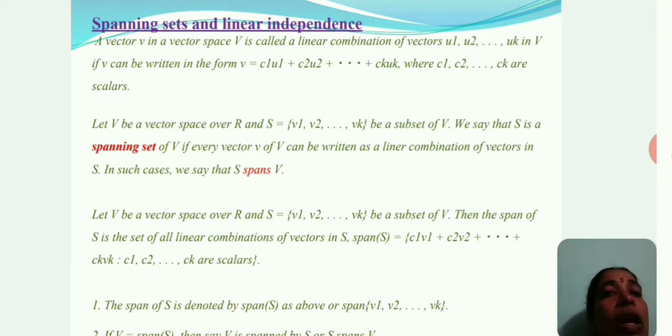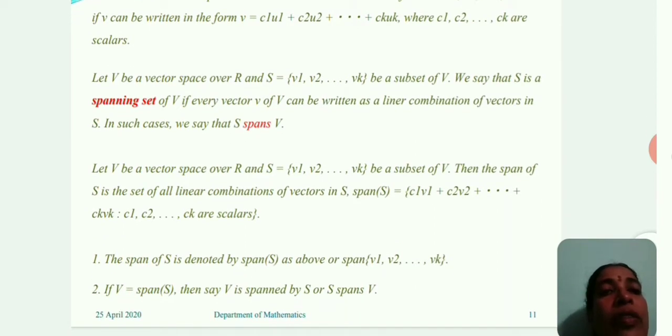Next, another definition. This is also about a spanning set. Let V be a vector space over R and S is equal to the set v1, v2, so on up to vk be a subset of V. Then the span of S is the set of linear combinations of vectors c1v1 plus c2v2 plus so on up to ckvk, where c1, c2, so on up to ck are scalars.